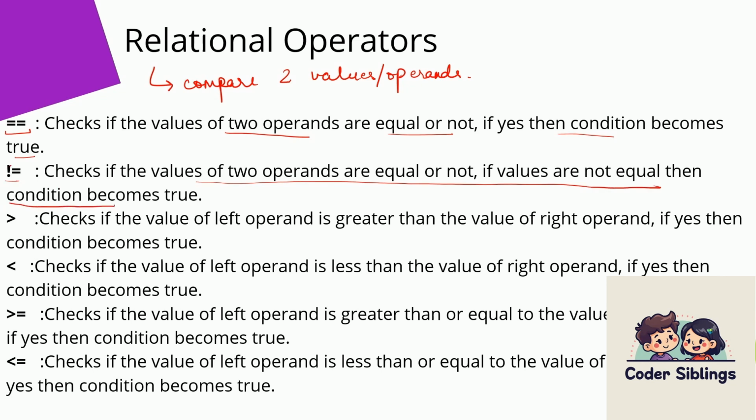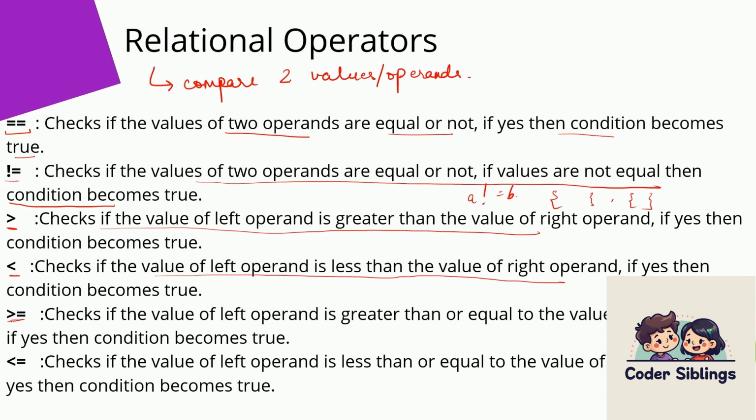This exclamation sign stands for not, right? So if A is not equal to B, then execute a certain set of statements, else execute another set of statements. Now these are the simple greater than and less than signs. Greater than checks if the value of the left operand is greater than the value of the right operand. Less than checks if the left operand is less than the value of the right operand.